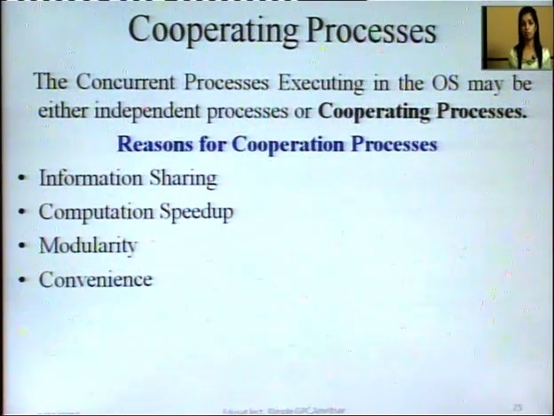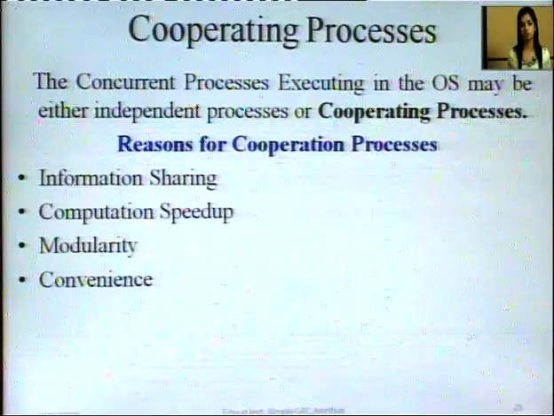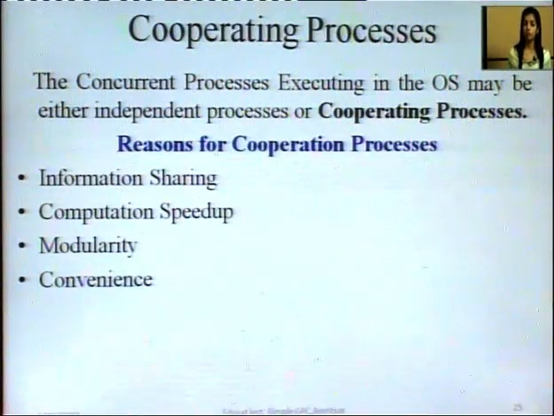So that type of process is known as a cooperating process. We use cooperating processes for information sharing, computation speedup, modularity, and convenience. So for modularity and convenience, we prefer cooperating processes.